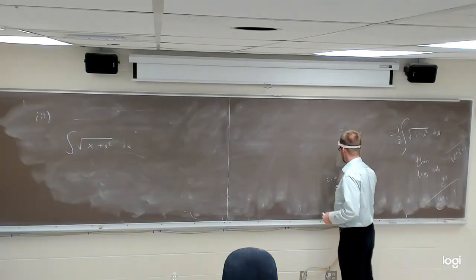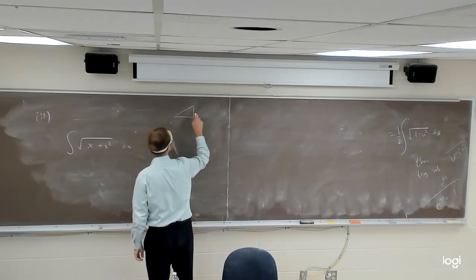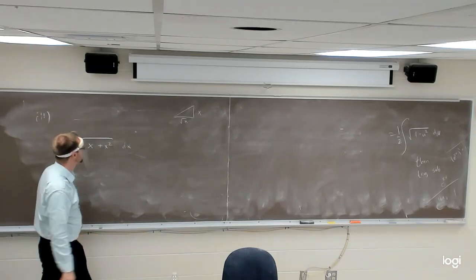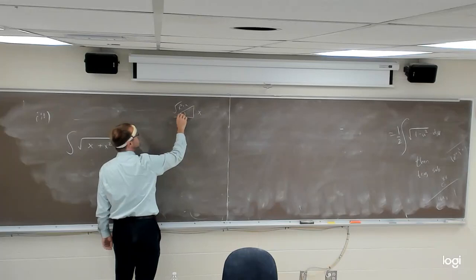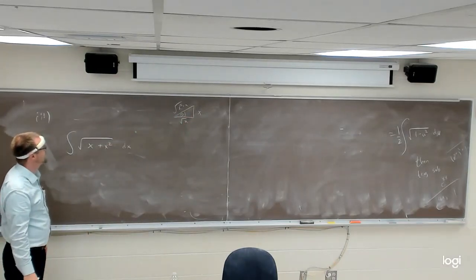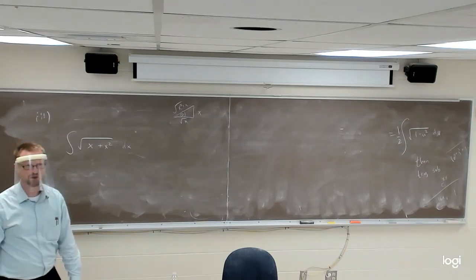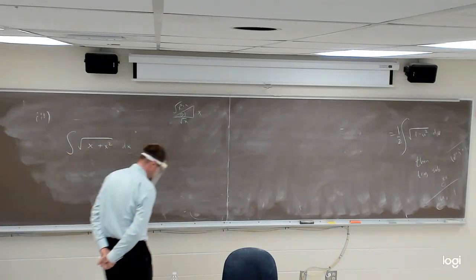I could try to set up a triangle, but it'd have to be something like this. And it looks kind of unpleasant. So there's something else I can do here.